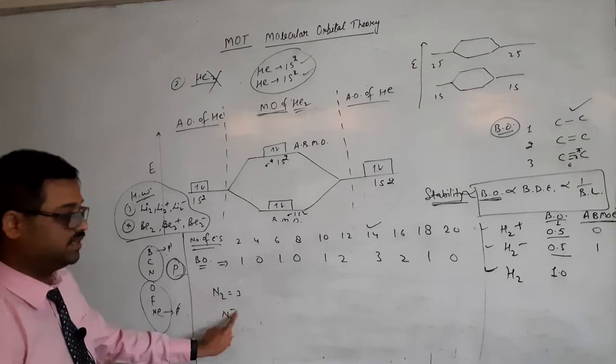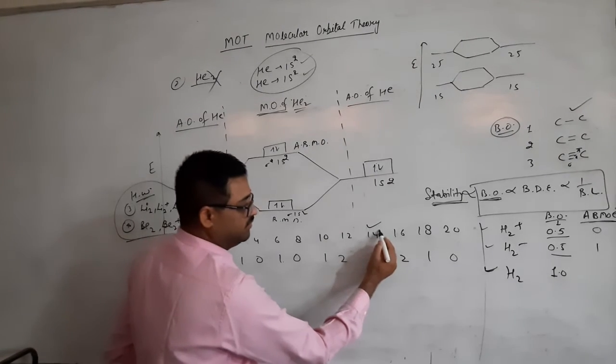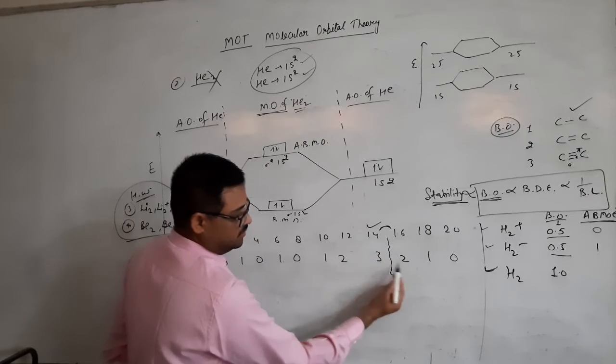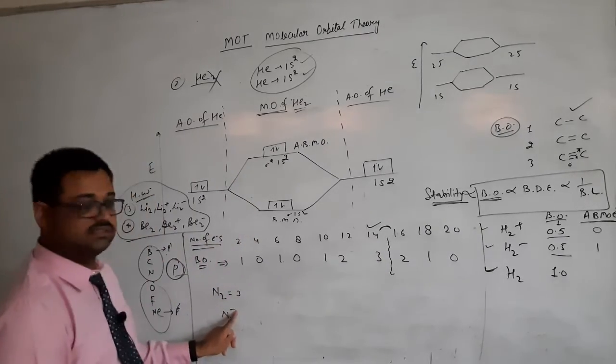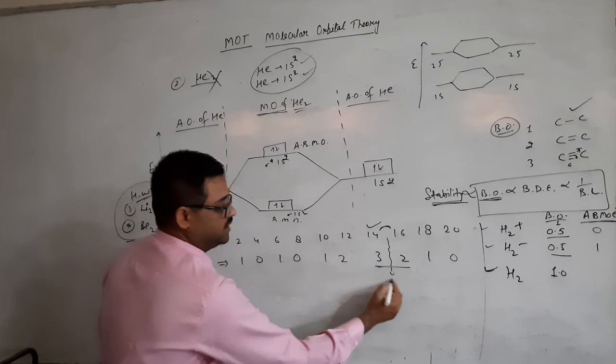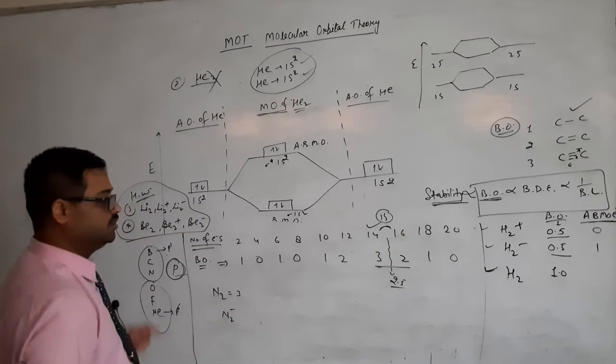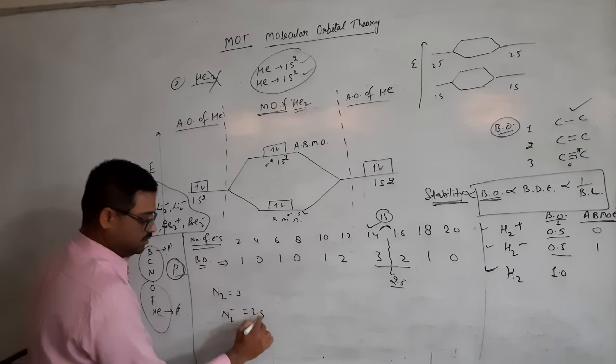So 14 plus 1, 15. 15 means in between them, in between means 2.5, the mean of these values. So that will be 2.5, because the total is 15.